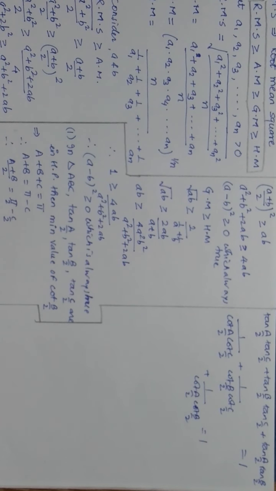Now you can see here the denominator is the same, that is cot A by 2, cot B by 2, cot C by 2.